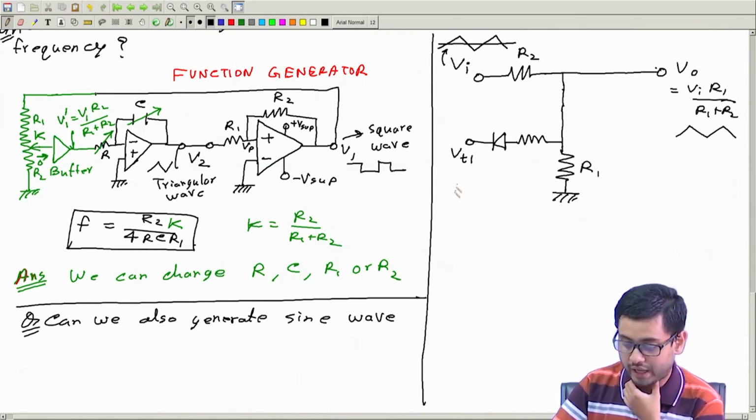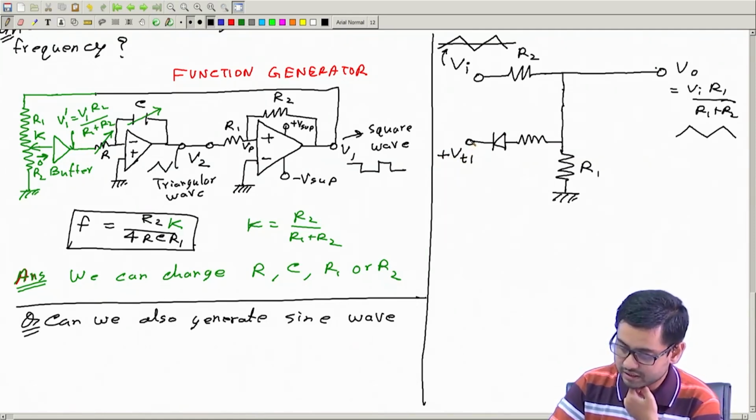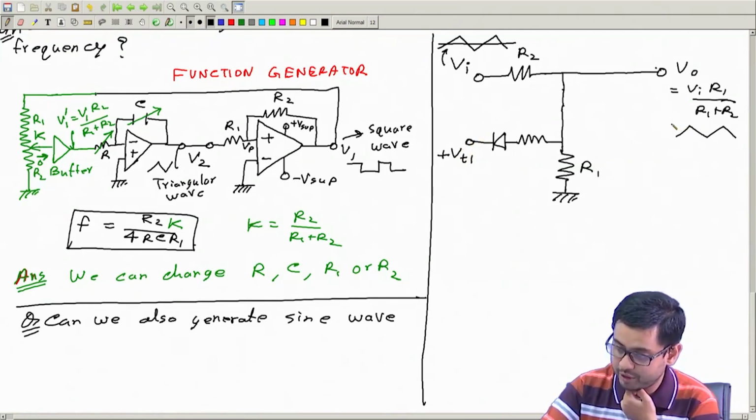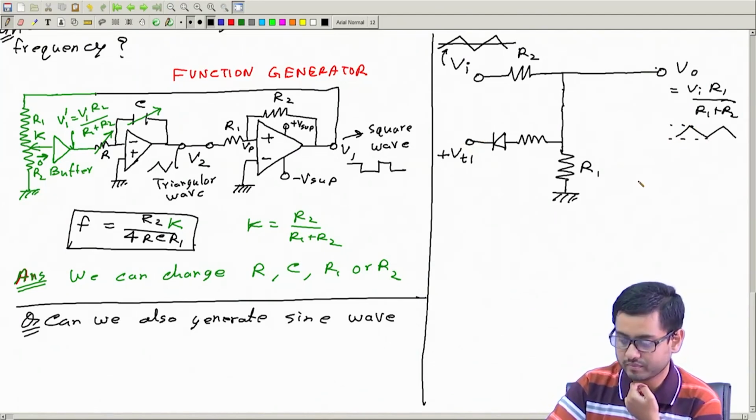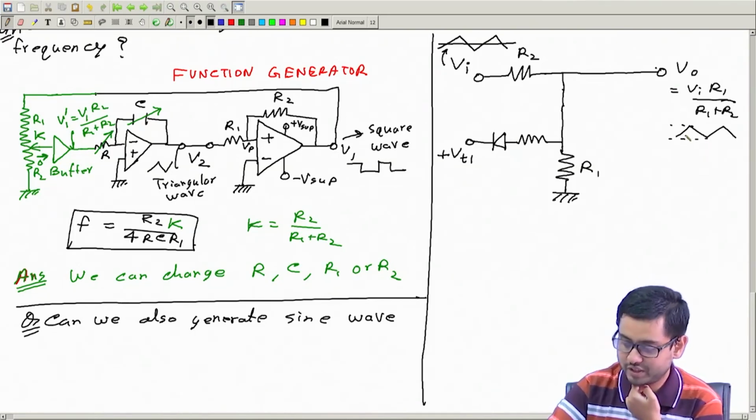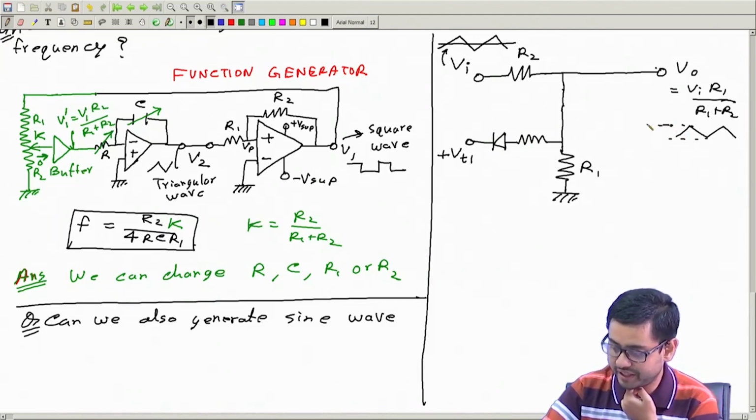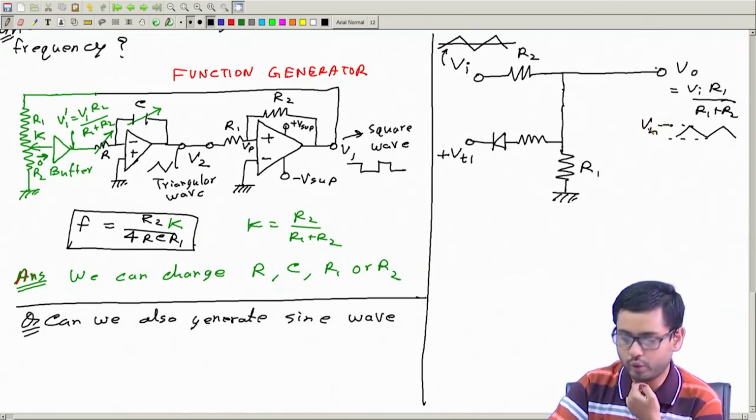And this VT1 has a value which is positive, plus VT1. So, this is a positive voltage which I will connect, and its value is lower than the amplitude of the output before having this part. So, if this height is VH, then this VT1 is lower than VH. So, this is what I shall connect.